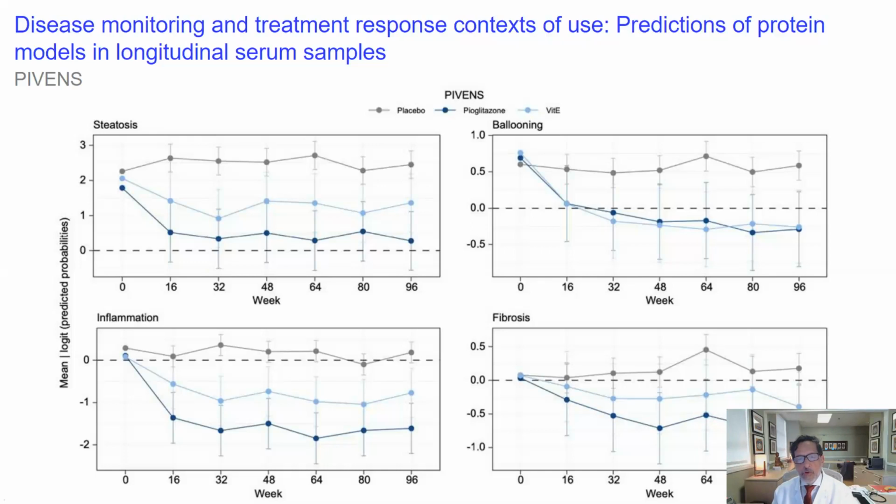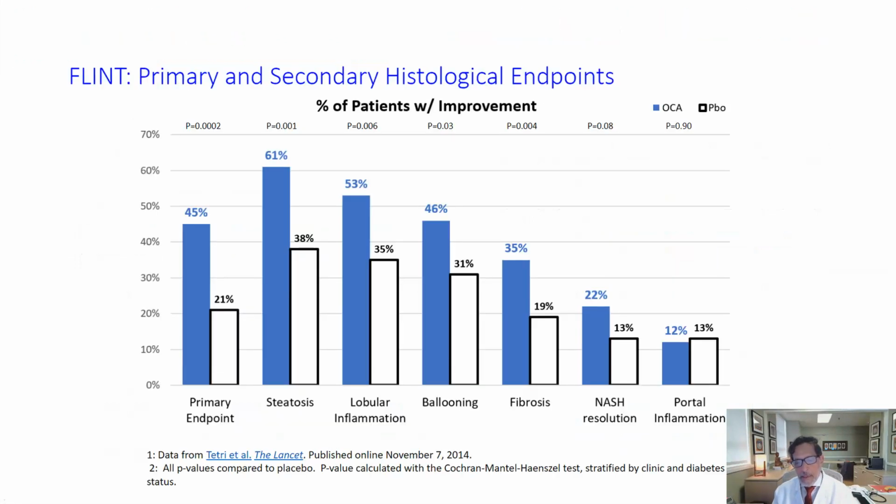So now if you move on to the FLINT study, what we see over here are the histological outcomes. You're seeing the primary endpoint, which was a NAS improvement of 2 points or more, and the proportion of people who met it. Blue is OCA. The open bar is placebo.